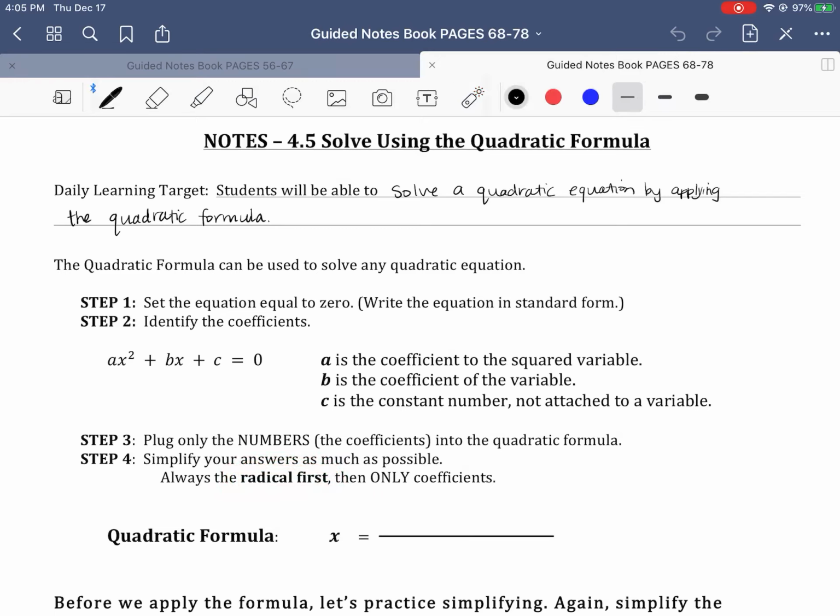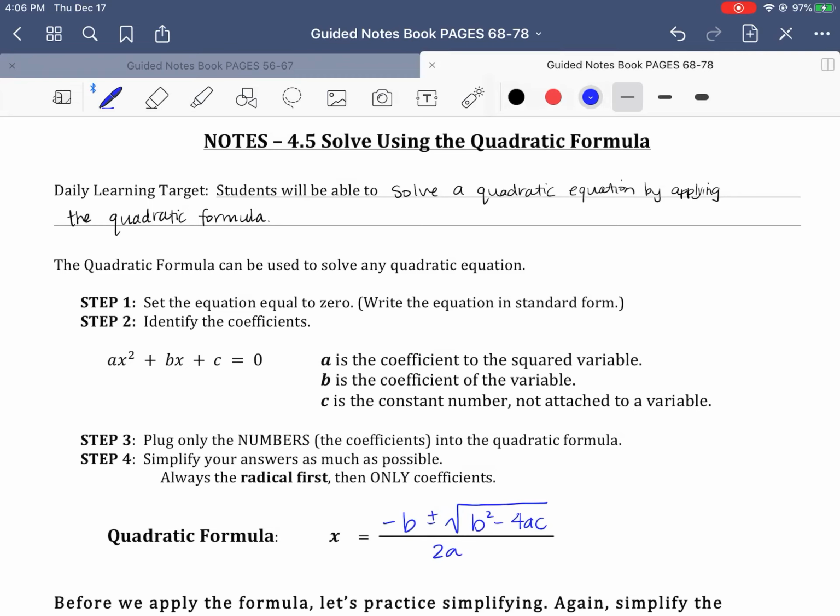So I'm going to write down the formula here. The quadratic formula is x is equal to negative b plus or minus the square root of b squared minus 4 times the a value times the c value, all over 2 times the a value.